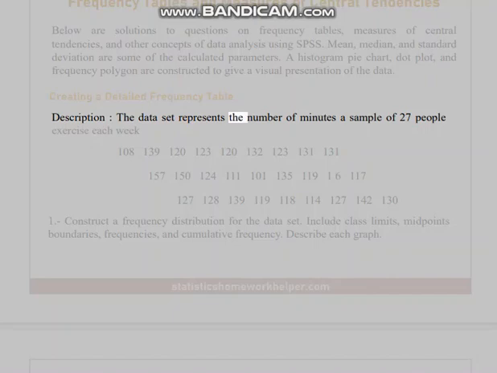The data set represents the number of minutes a sample of 27 people exercise each week. 123, 123, 123, 131, 130, 124, 124, 111, 101, 101, 135, 119, 117, 127, 128, 119, 118, 114, 127, 142, 131.